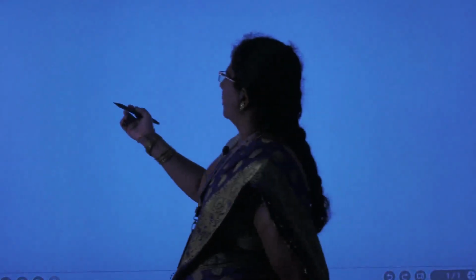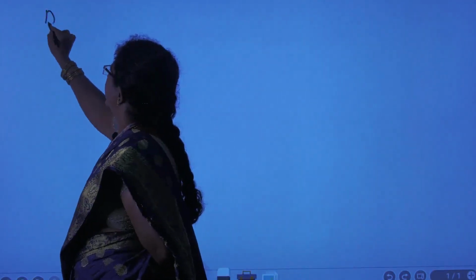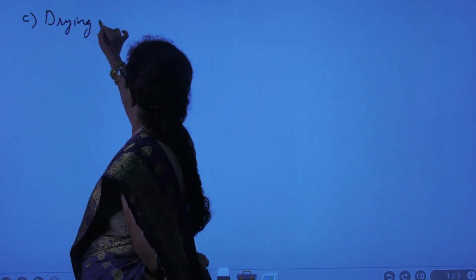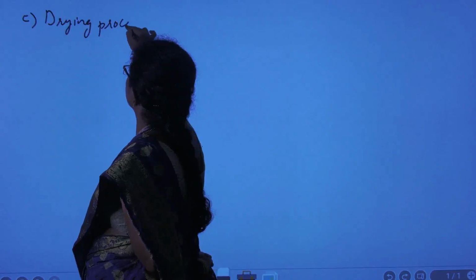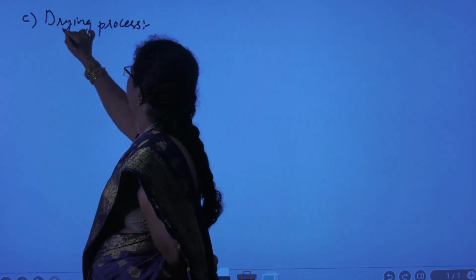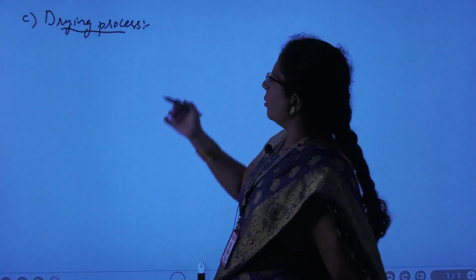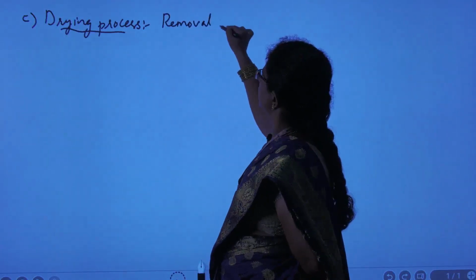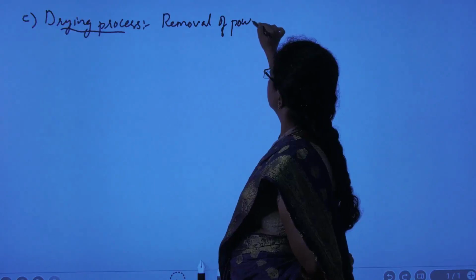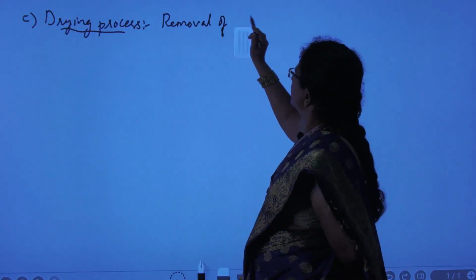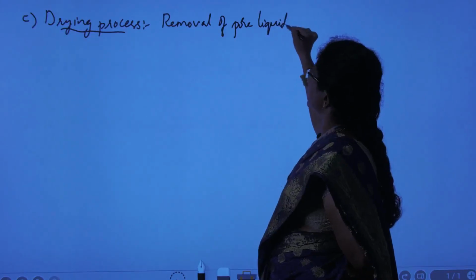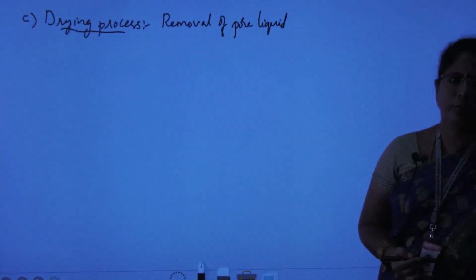After gel formation, the next step is the drying process. In the drying process, removal of pore liquid takes place. That means the liquid existing in the pores will be removed.